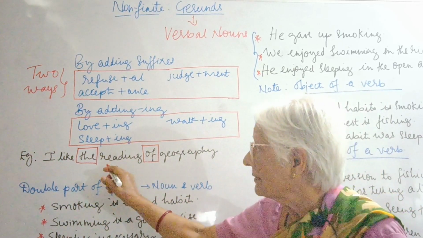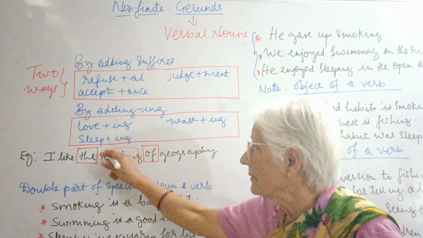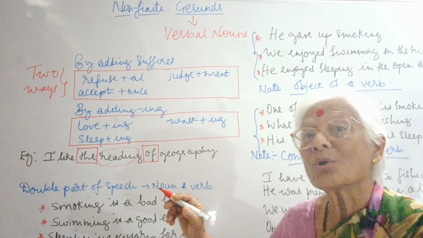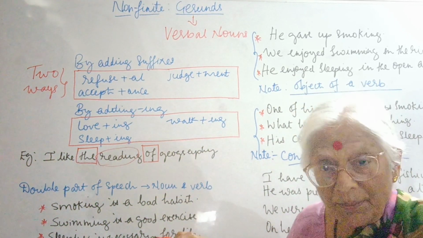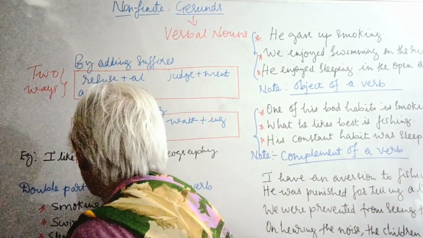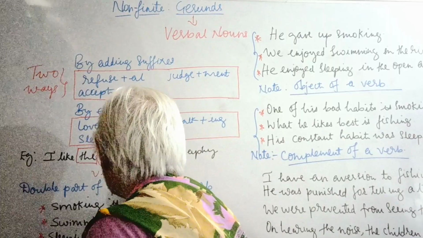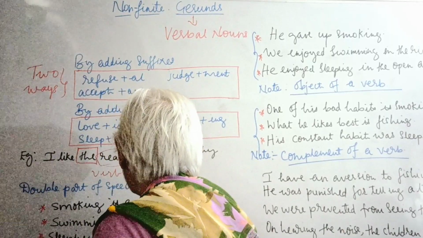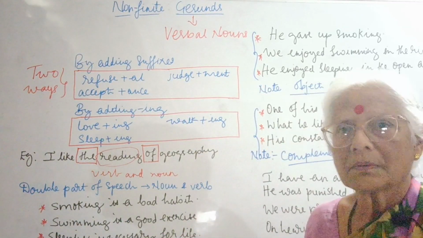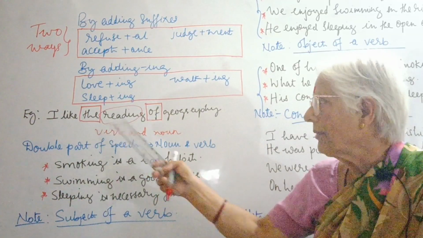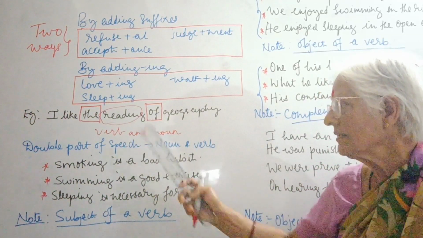So here the word reading is playing a double role, that of a verb and that of a noun. So is this clear? It's a double part of speech, a verb as well as a noun.